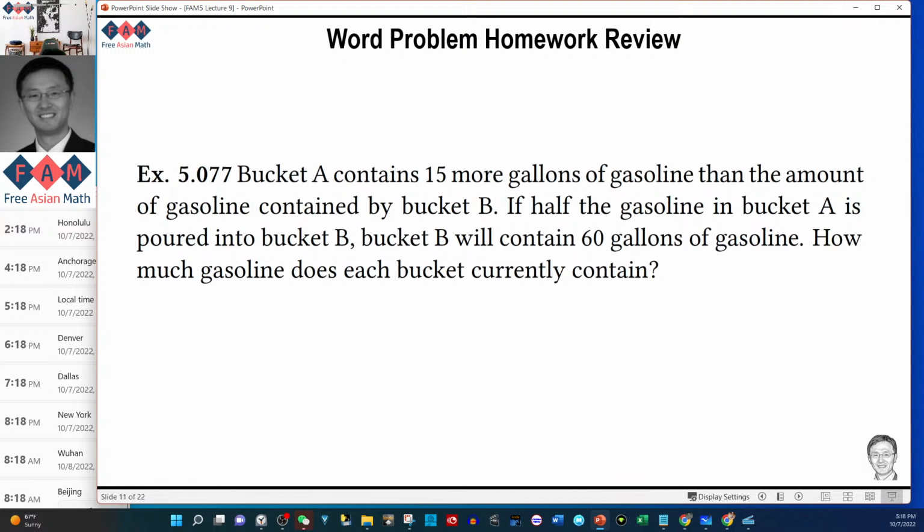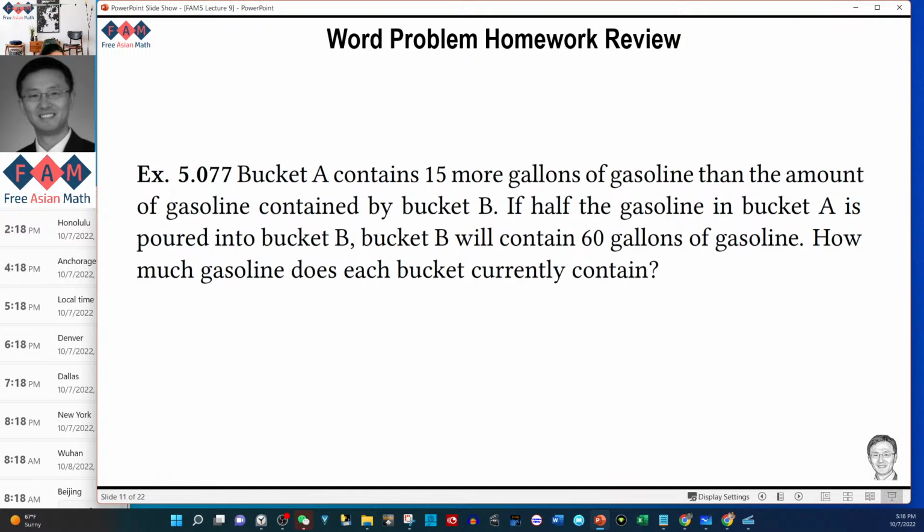of A into B. What shall we do now? Well, you have to be clever. Think about it. How can we take advantage of this fact that if half of the gasoline in A is put into B, half means that it's 1/2.